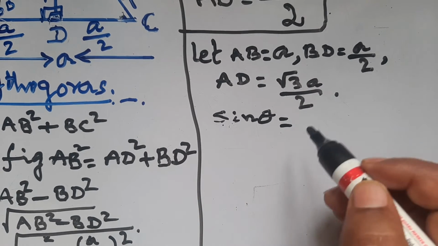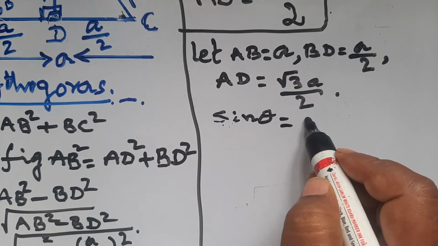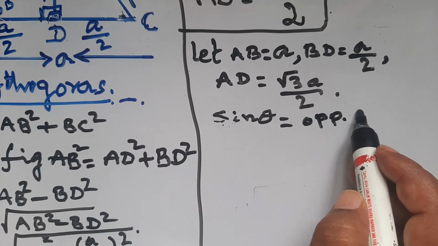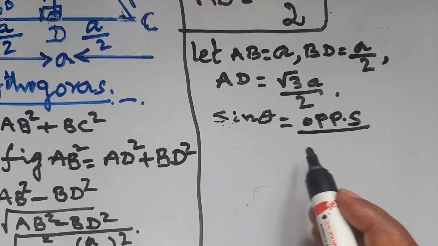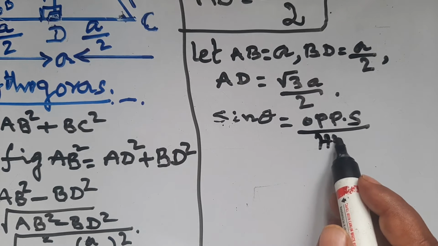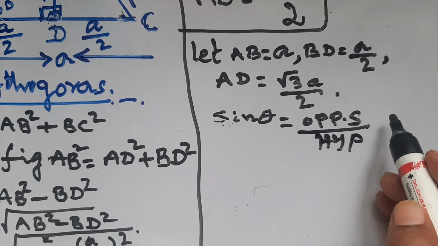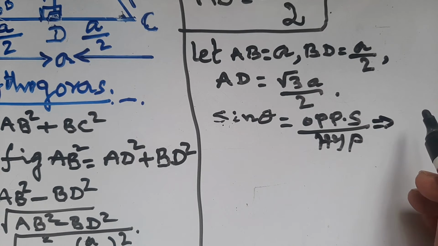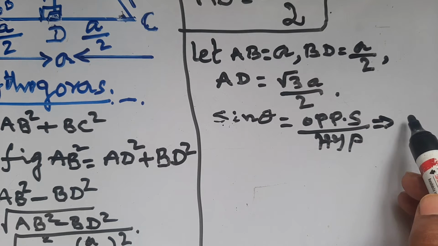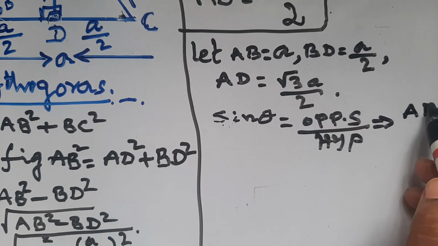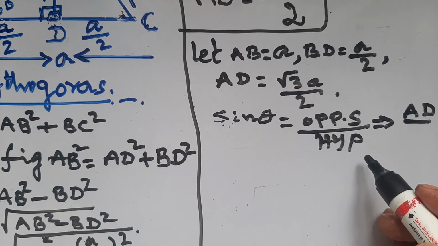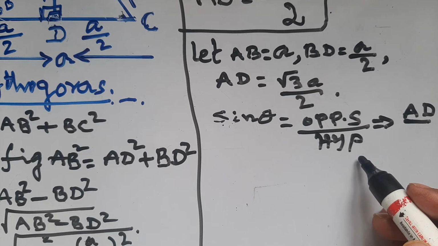Sin theta ratio, what is coming? Opposite side by hypotenuse. This is equals to, what is coming there, opposite side for 60 degrees is AD, AD by, then what is coming here, hypotenuse AB.